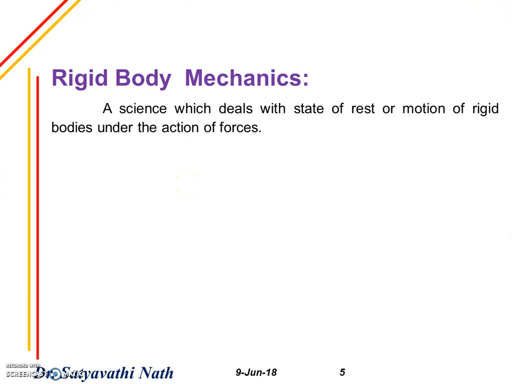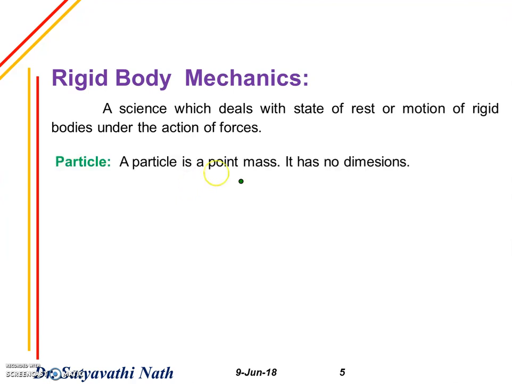But first of all, what is meant by rigid body? Let us see. Here, many times in mechanics, rigid bodies we consider them as particles. That is why for understanding what is rigid body, let us start with particle. As we all know, particle is nothing but a point mass.